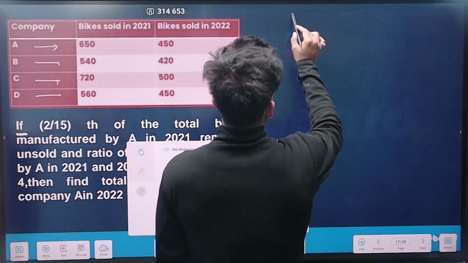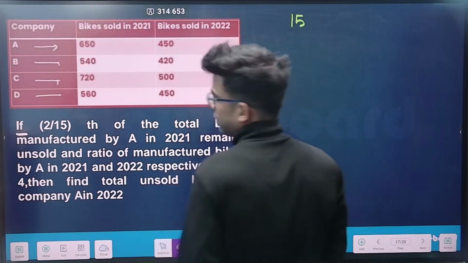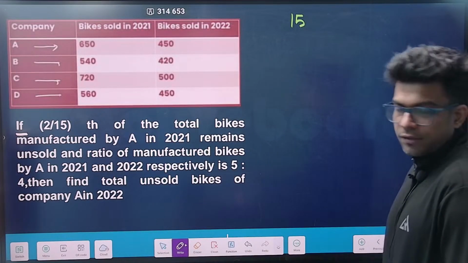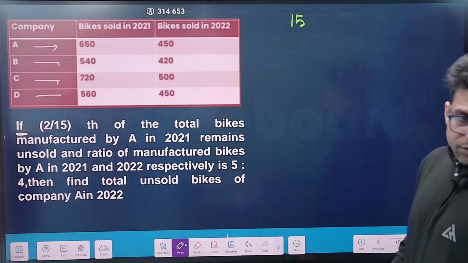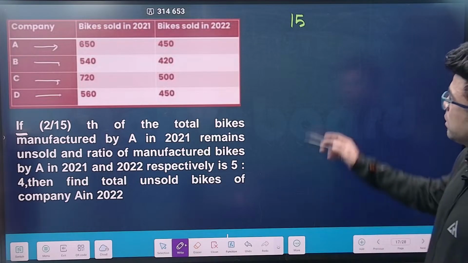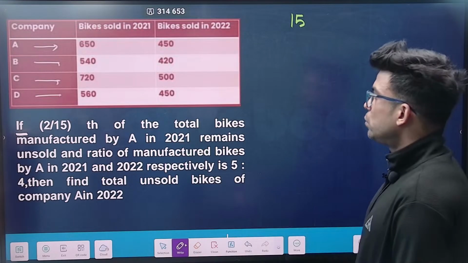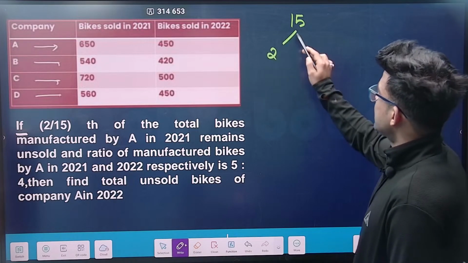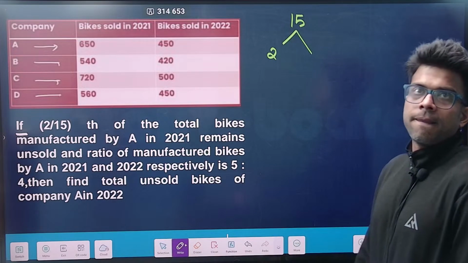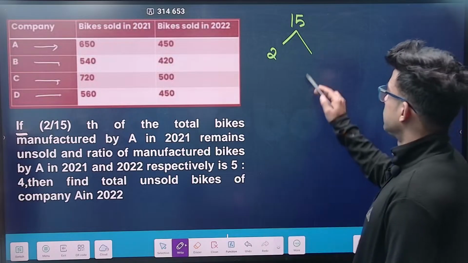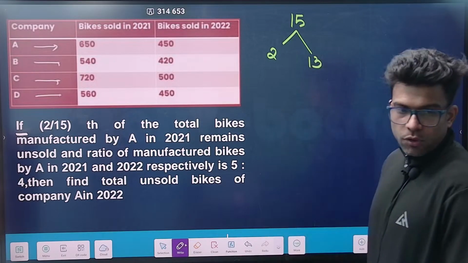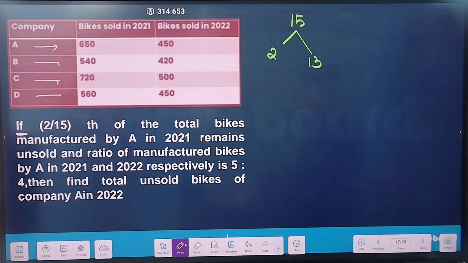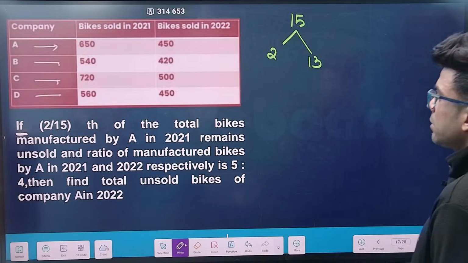So out of a total of 15, 2 are unsold. Then how much did I sell? That is 13. Correct? This is what I can understand through the ratios.